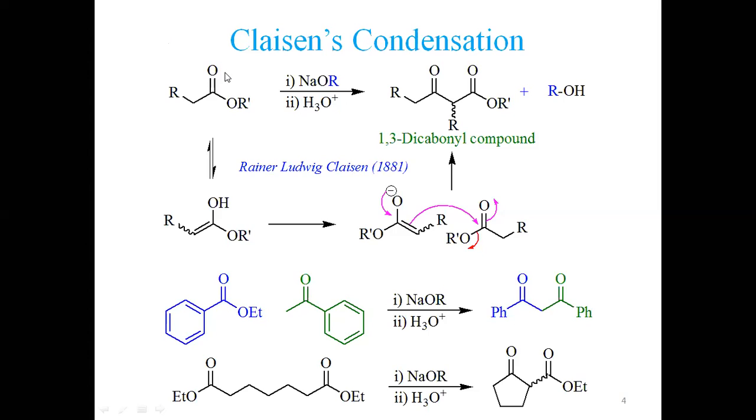That negative charge donates back, and this pi electronic density transfers to another entity. Basically, this molecule is containing a nucleophile. This carbon is acting as an electron rich entity, and the same substrate is acting as a recipient electrophile.